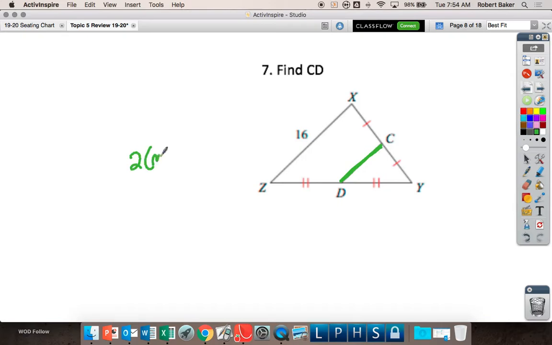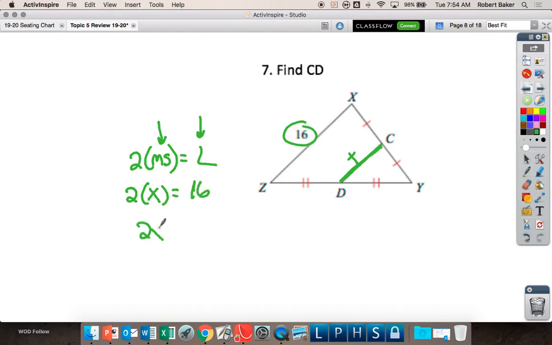2 times the mid-segment is always equal to the long side. So we know what the mid-segment is, we know what the long side is, we can just plug in information. I do not know how long the mid-segment is. So 2 times x is equal to the long side, which is 16.